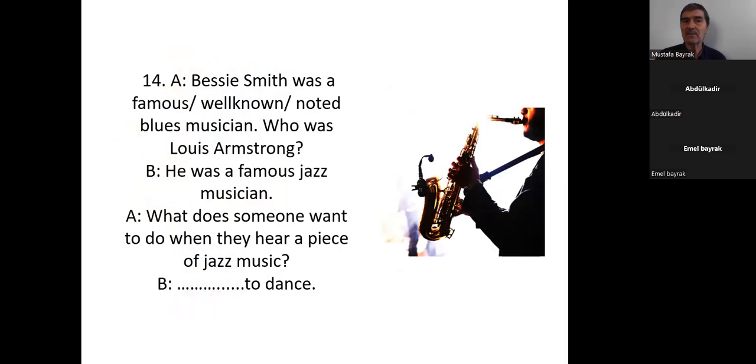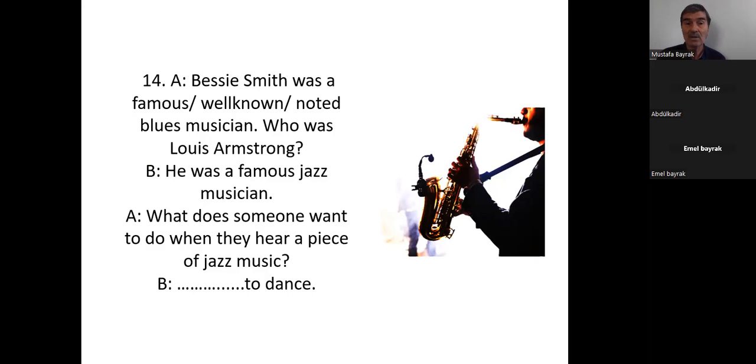14. Bessie Smith was a well-known, a noted blues musician. Bessie Smith was a blues musician and he was very well known. Who was Louis Armstrong? Louis Armstrong was a famous jazz musician.